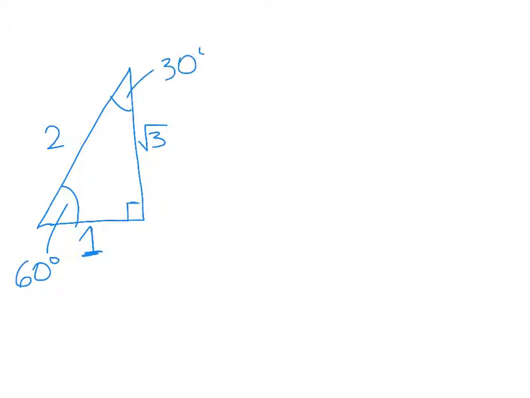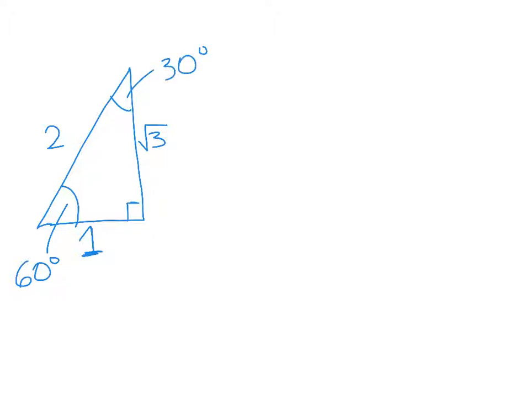Okay, so let's draw out special triangle number 1. Remember, this side length is 1 unit long, this one's 2 units long, and we figured that this must be root 3 units long. The angle in here is 60 degrees, and the angle up here is 30 degrees.